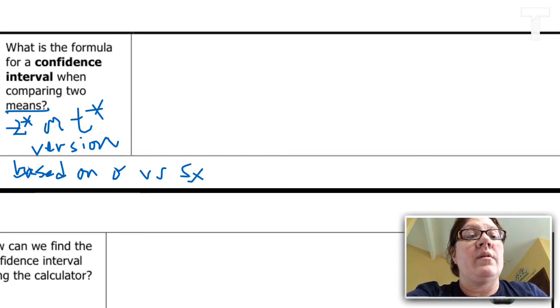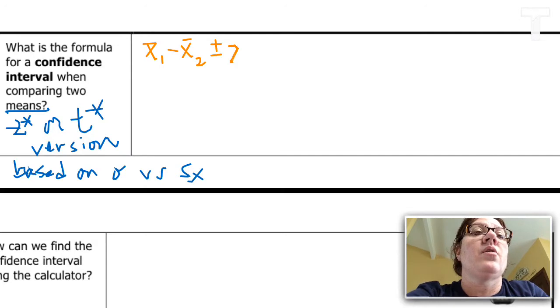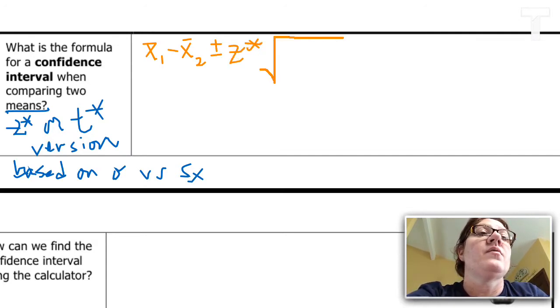So the first one would be x bar 1 minus x bar 2 plus or minus z star times the standard deviation. Remember, generically this is on your formula sheet.